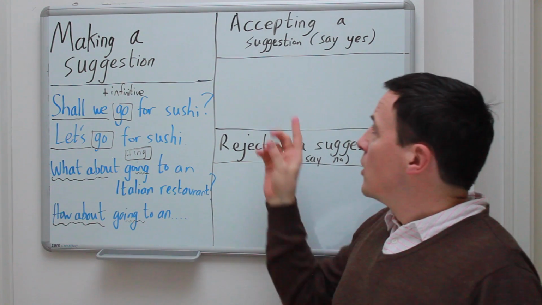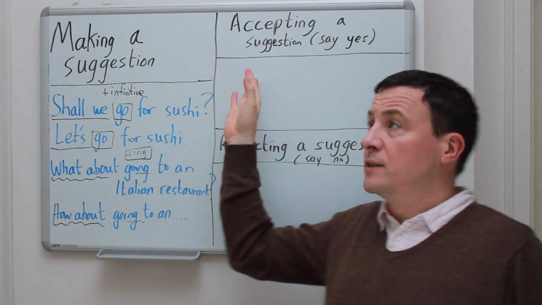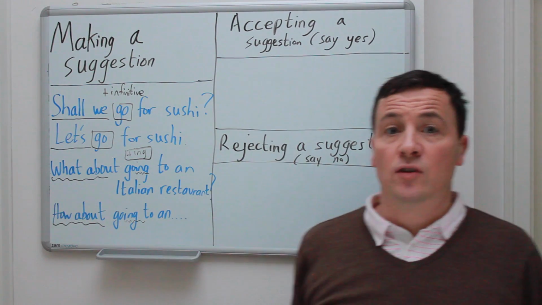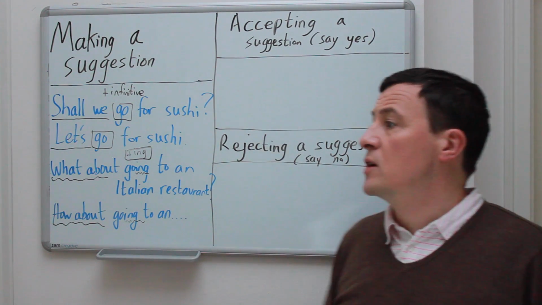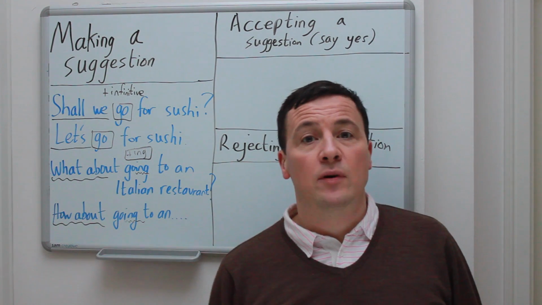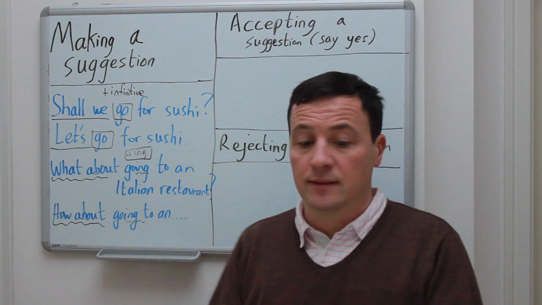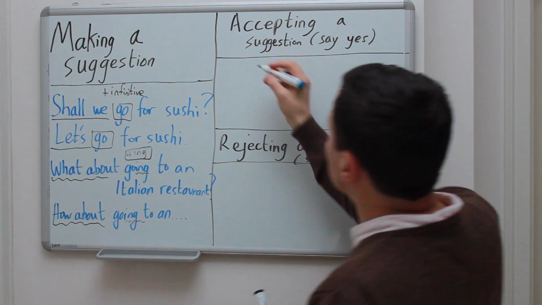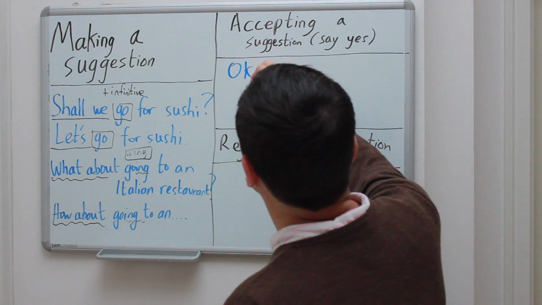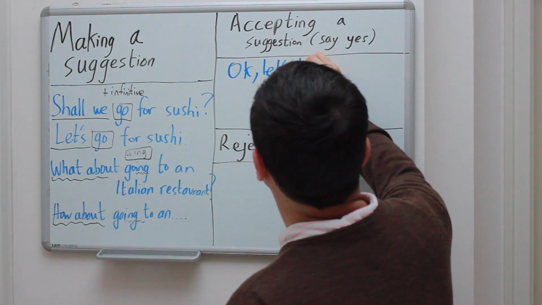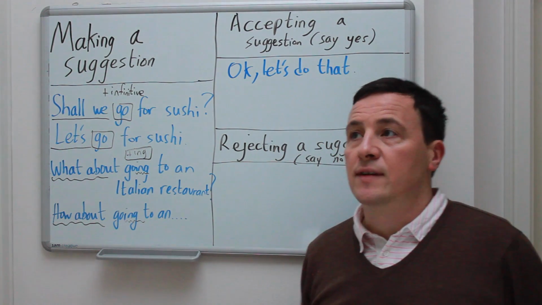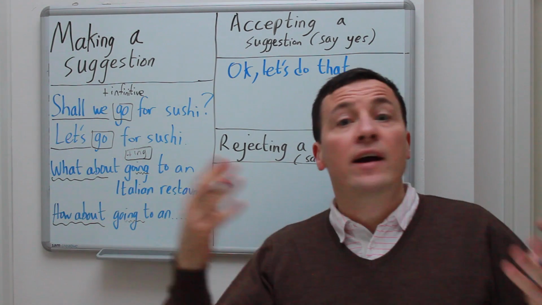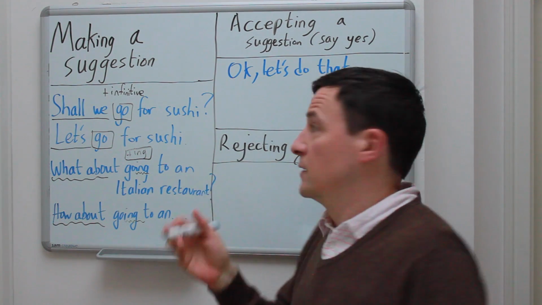Okay. So let's move on to this section here, which is accepting a suggestion or saying yes. You can use different phrases here. You can say, for example, okay, let's do that. Or you can say, for example, yes, that's a great idea, or that's a good idea.